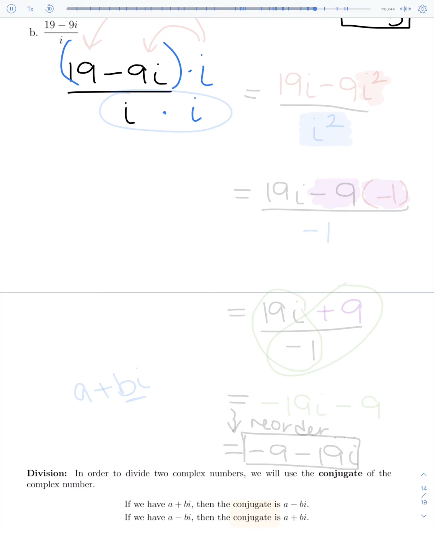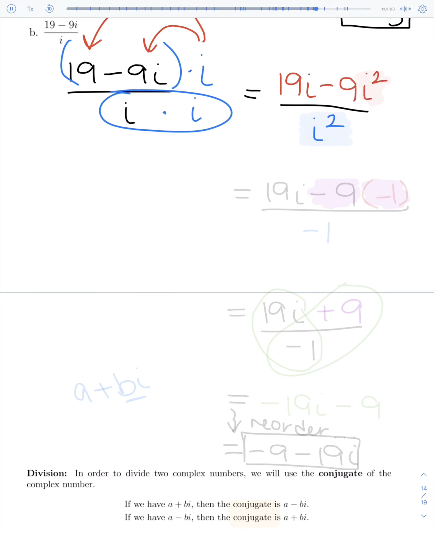Let's see what that does for us. The denominator doesn't cancel out, but we do end up with an i times i, which is i squared, on the denominator. And multiplying out the entire top by an i means that we end up with 19i minus 9i squared.